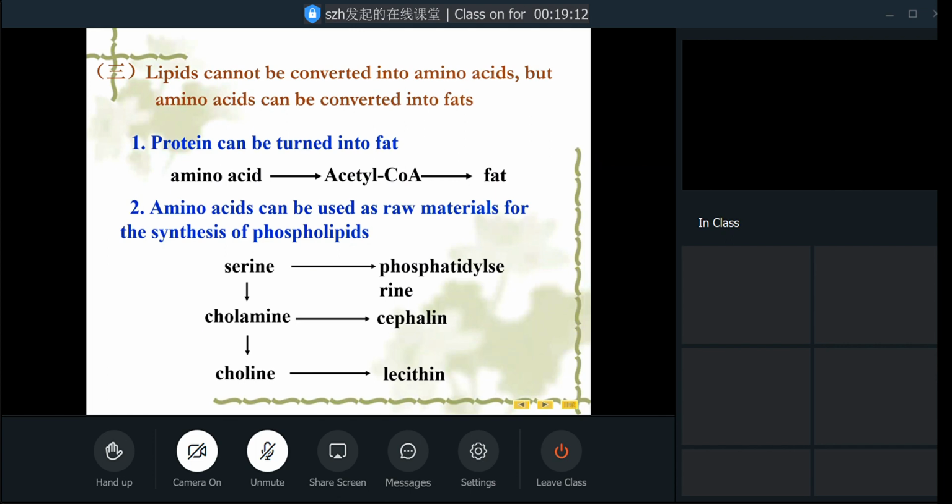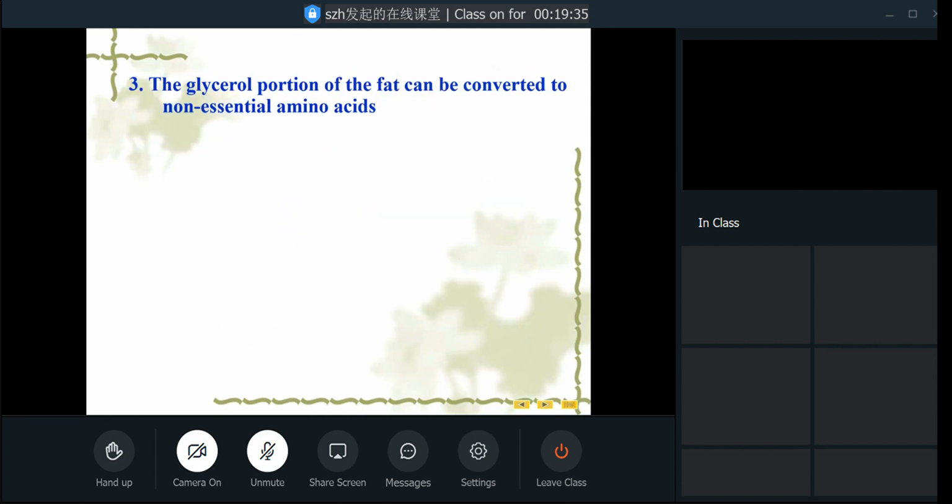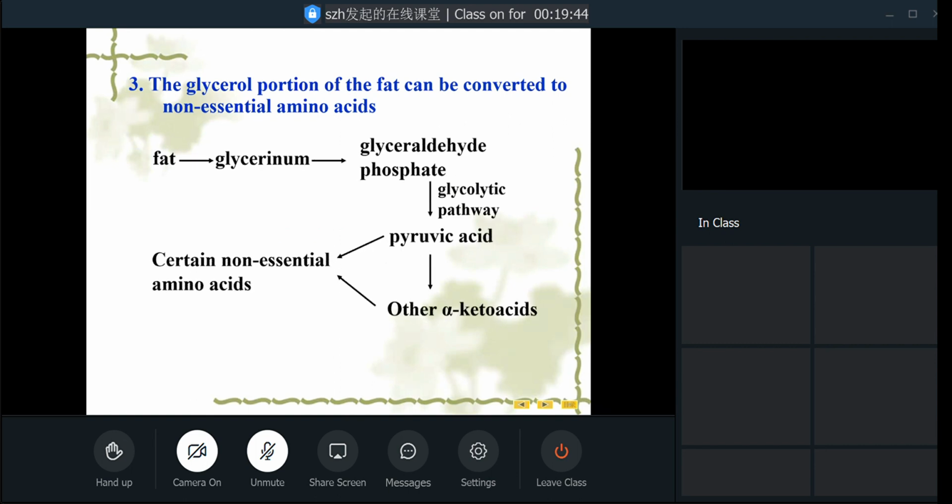And second, the amino acid can be used as the raw material for the synthesis of phospholipids. You can see serine can be used to make phosphatidylserine. And third, you can see the cholesterol part from the fat can be converted into the non-essential amino acid.